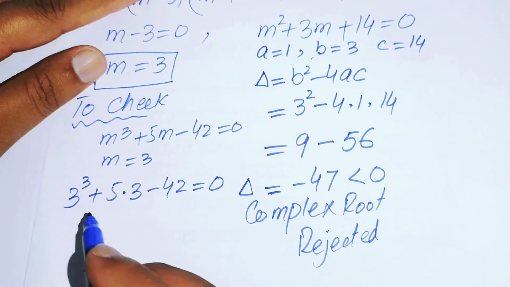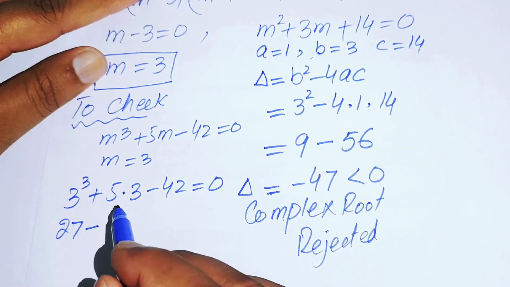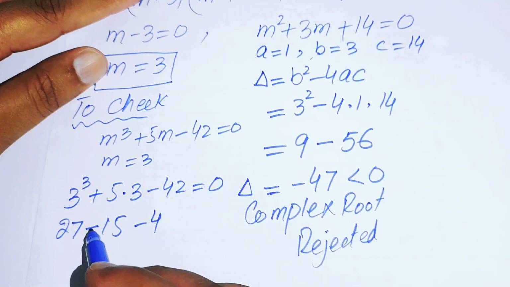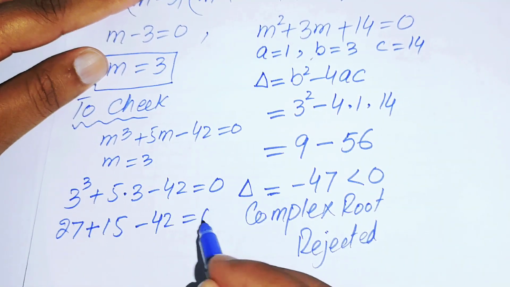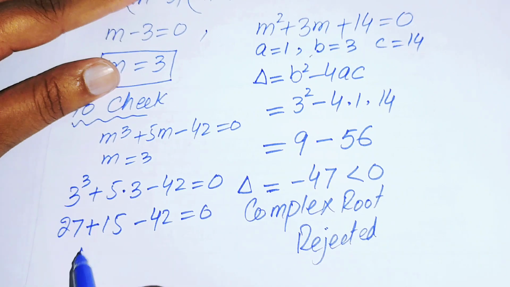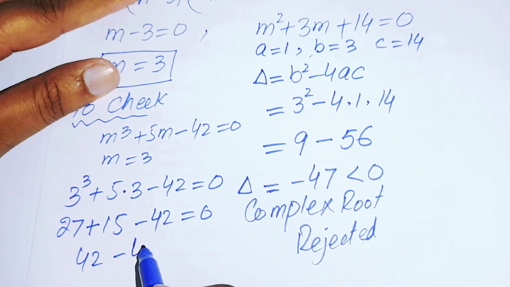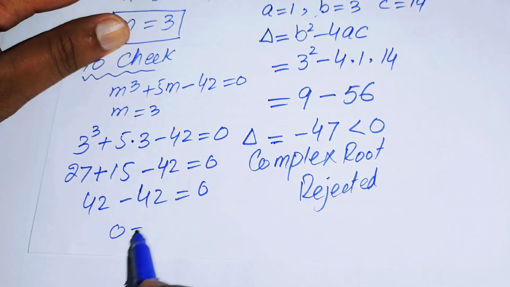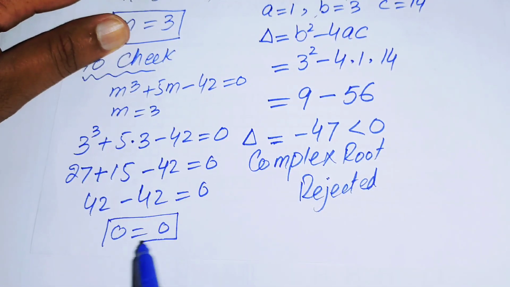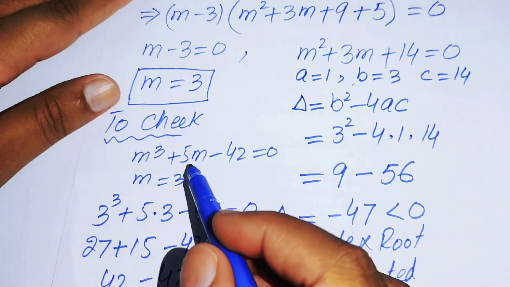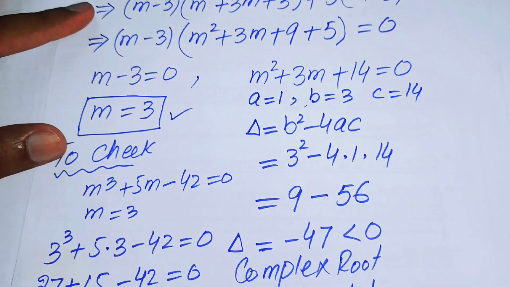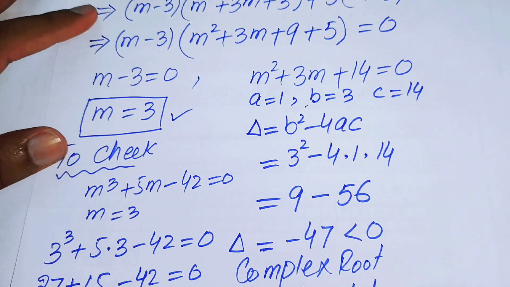And here you have 3 cube, which is equal to 27, plus 5 3s are 15, and minus 42 is equal to 0. So 27 plus 15 is 42, minus 42 is equal to 0, and finally you have 0 is equal to 0. So this shows that m is equal to 3 satisfies the given equation. So m is equal to 3 is the only real solution of the given algebraic equation.